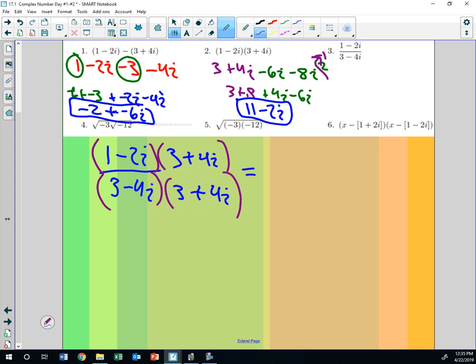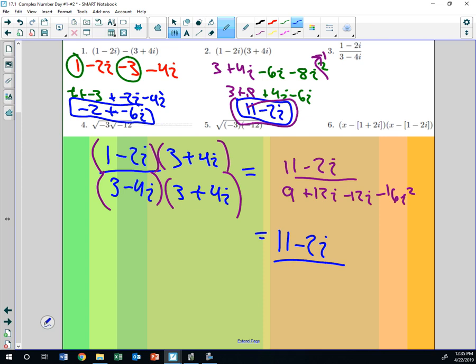So now you're sort of dividing these. We multiplied this top part and we got 11 minus 2i from this one. In the bottom, it's going to be 3 times 3 is 9. 3 times 4i is 12i. Negative 4i times 3 is negative 12i. And then negative 4i times 4i is what? Negative 16i squared. Okay? So 11 minus 2i over 9.